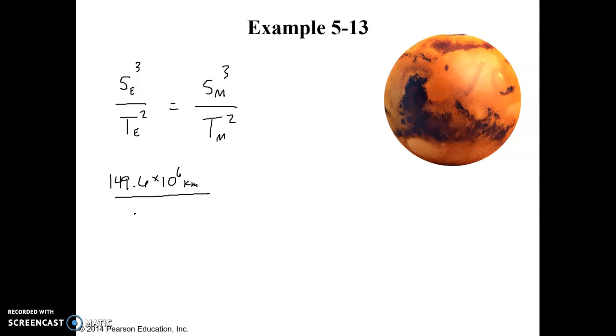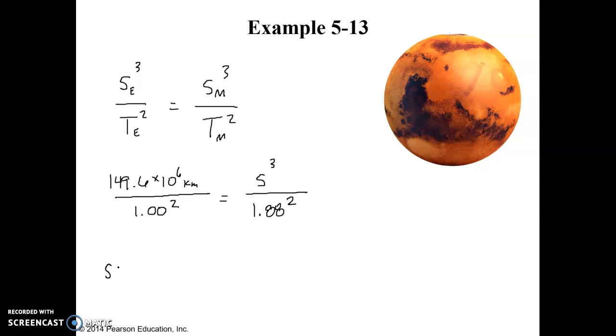And the period on Earth, 1 Earth year, is 1.00 squared, equals the mean distance of Mars, that's what we want to find, cubed, divided by the period of Mars, 1.88 Earth years, and then we have to square that.